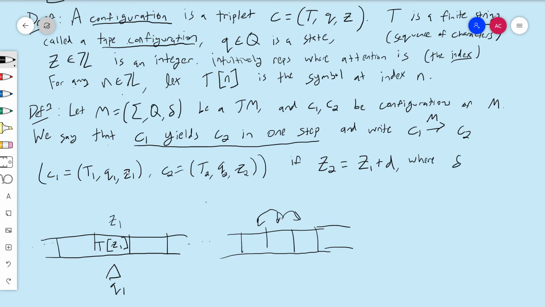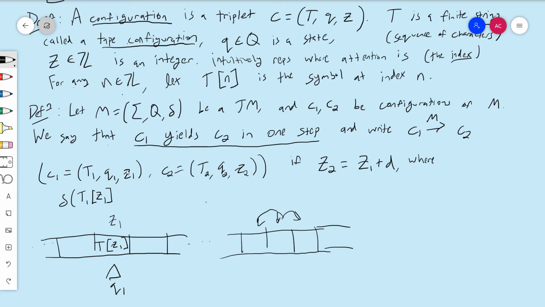where delta of T1 of Z1, Q1. I have this transition function.